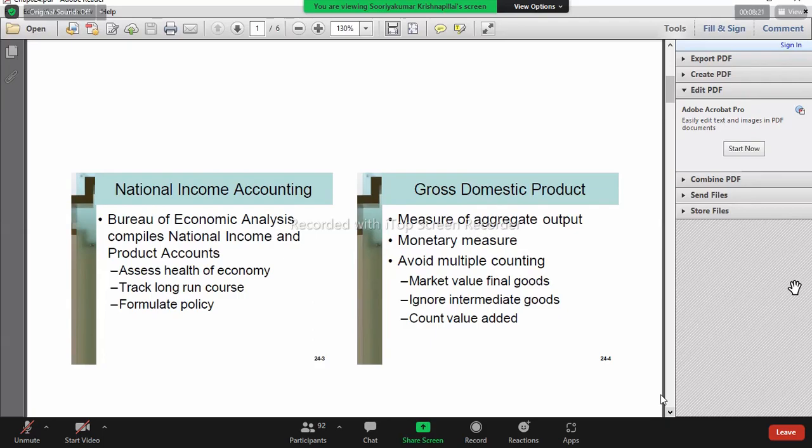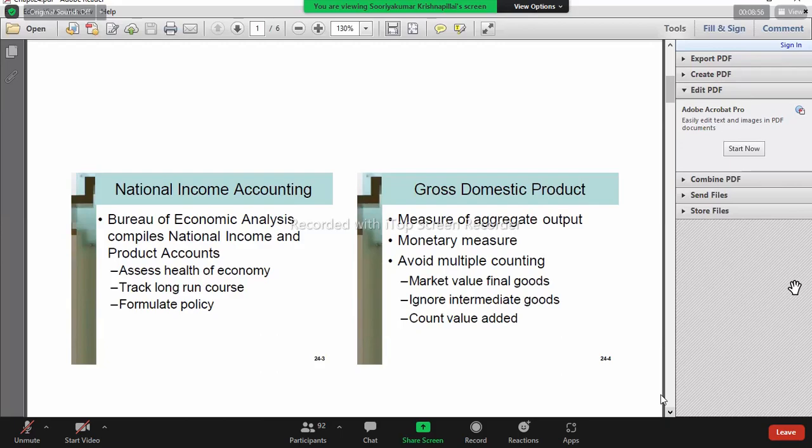The farmer uses seeds and fertilizer to produce wheat. The wheat is the output, and the seeds and other inputs are the input. The value addition by the farmer is the value of the wheat product minus the input cost. That is the value added by this farmer.